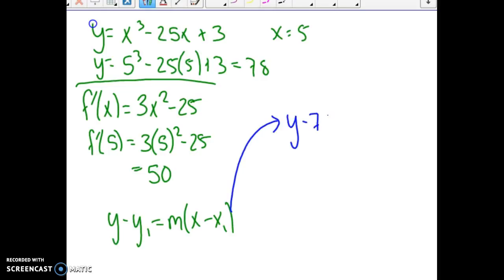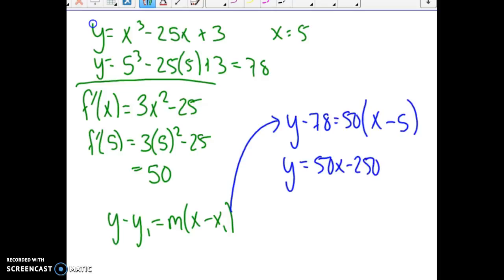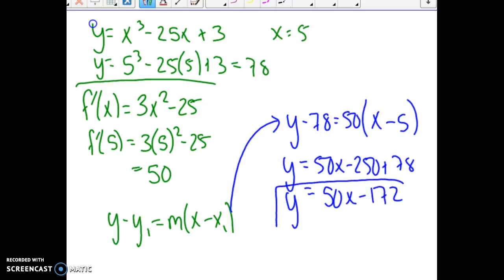Y minus the y value equals the slope, or the slope at that instant, times x minus 5. Then I do a little manipulation, 50x minus 250 plus 78. Do a little more manipulation of negative 250 plus 78, and I get the equation of my tangent line. Did you?